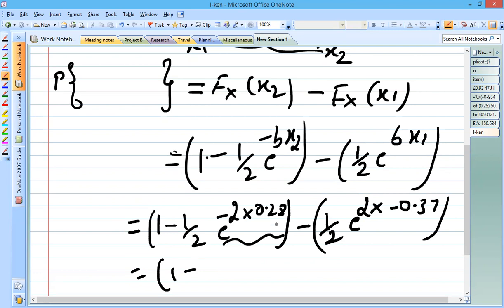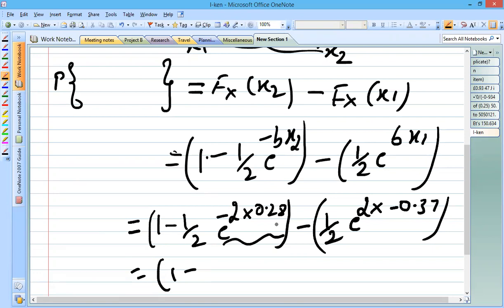So you can have the calci. I'll also get the calci. You can solve here. I'll just get the calci and come back. 2 into 0.28 is 0.56, right?